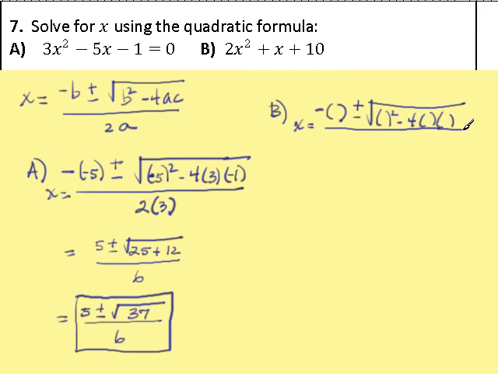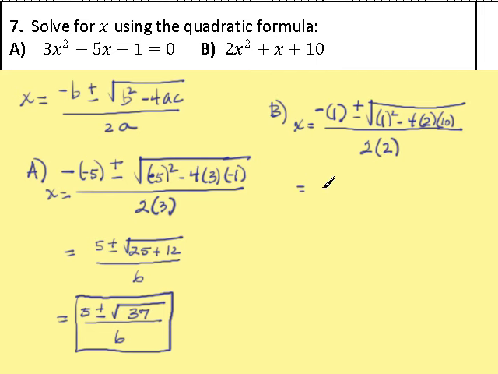Here it's not as necessary because we have all positive coefficients over 2a, but just out of habit I'll do that. All right, so you put the b right in here, that's a 1. The b goes here, a goes here, and c goes here, and a goes here.